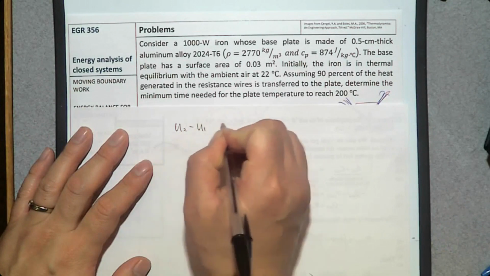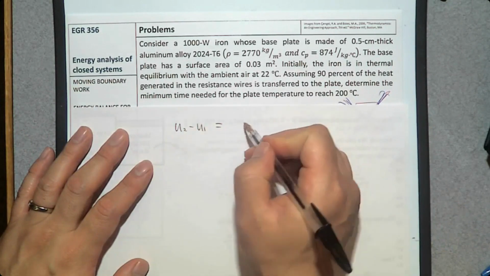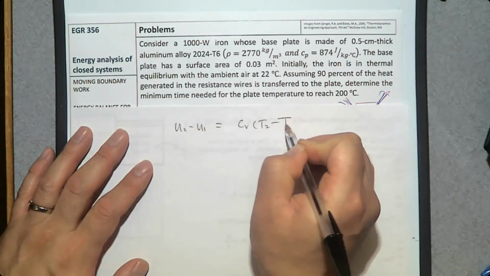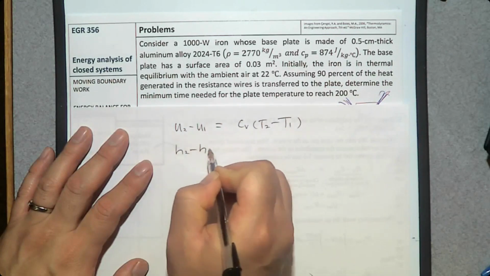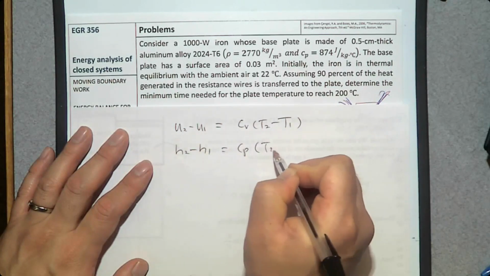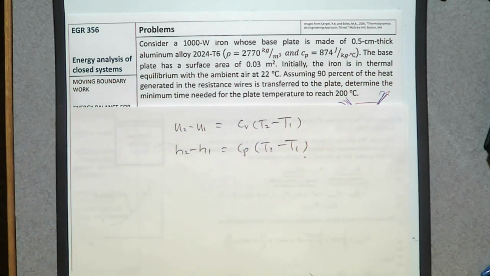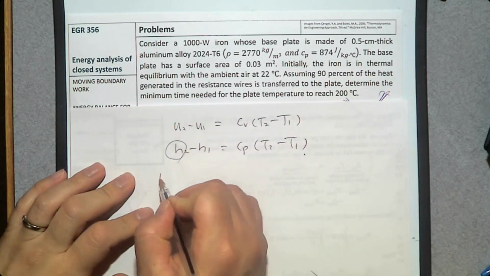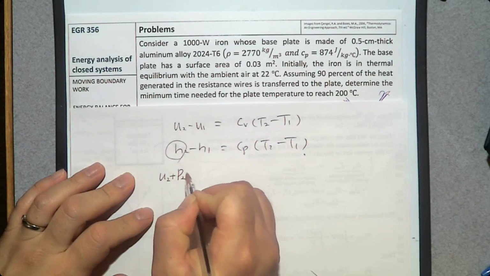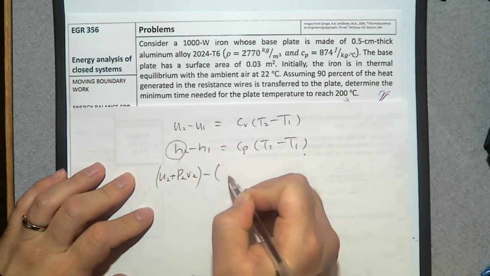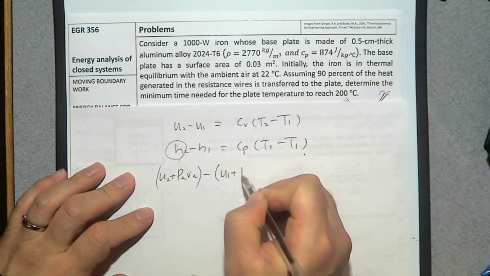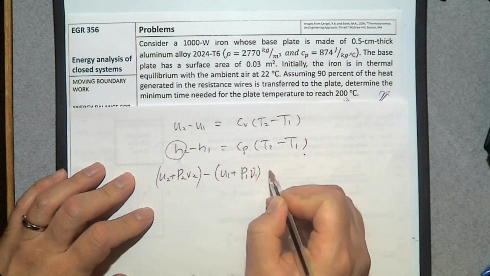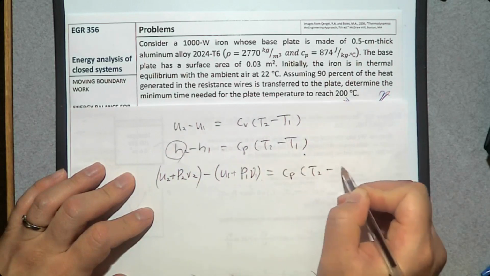U2 minus U1 is Cv (T2 minus T1). H2 minus H1 is Cp (T2 minus T1). What is the definition of H? H is U plus PV. So this one is (U2 plus P2V2) minus (U1 plus P1V1) equals Cp (T2 minus T1).